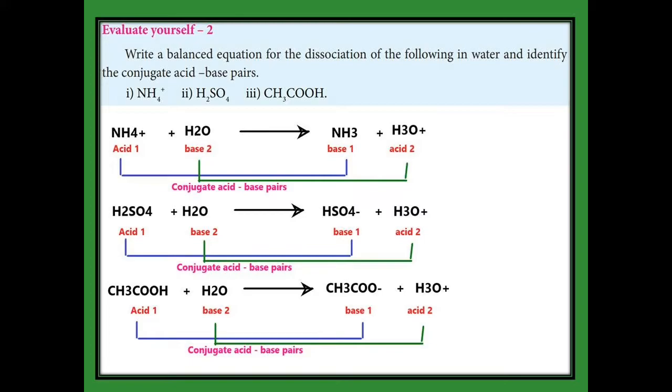Acetic acid, when it reacts with water, gives one H plus to water, so we get CH3COO minus. Now CH3COOH and CH3COO minus are a conjugate acid-base pair, and water and hydronium ion is another conjugate acid-base pair.